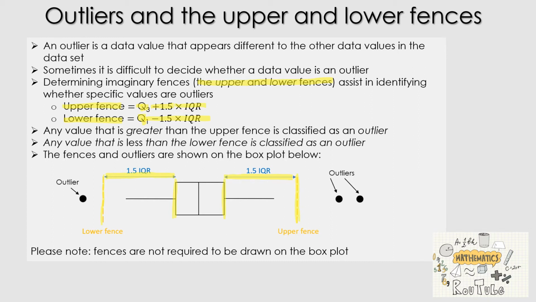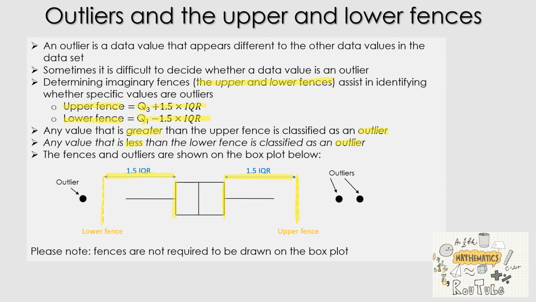Essentially, any value greater than the upper fence is classified as an outlier. So any value to the right of the upper fence is what we call an outlier. On the box plot below, we've got 3 outliers listed with the arrows, and they are drawn with either a cross or generally a circle, like you can see there. Any value that is less than the lower fence is also considered an outlier, which we can see one of on the left-hand side.